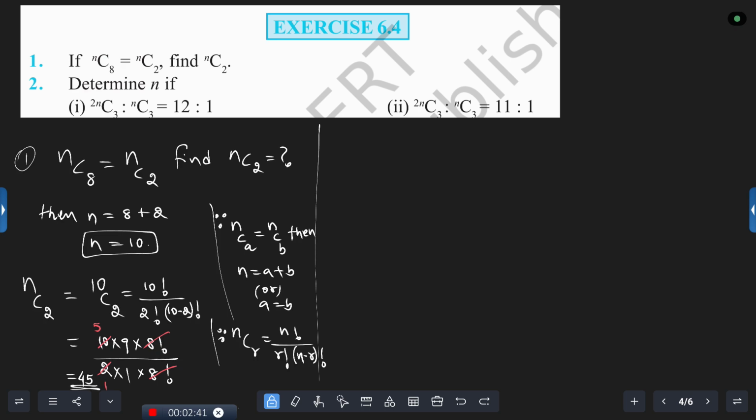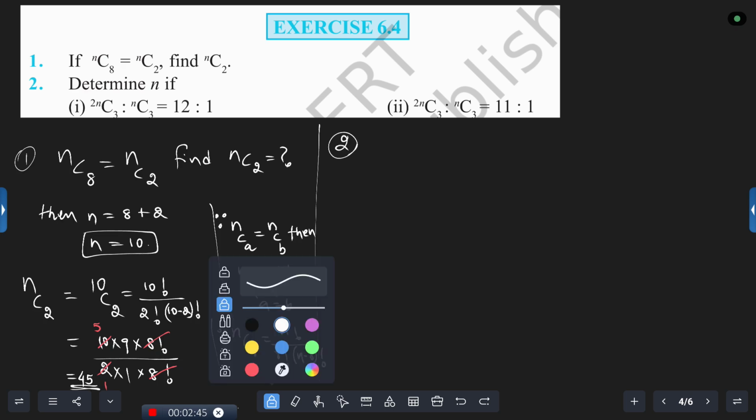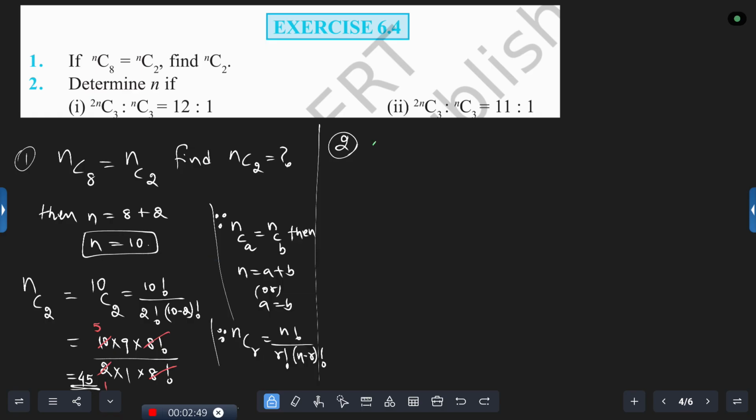Okay, now second question. Determine n, the n value they asked to find. 2 times nC3 ratio nC3 equal to 12 is to 1. So we have to apply the formula.